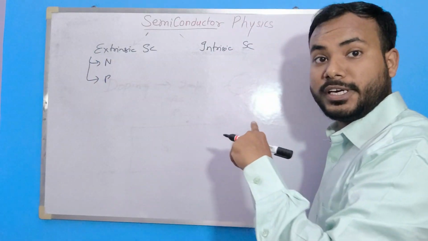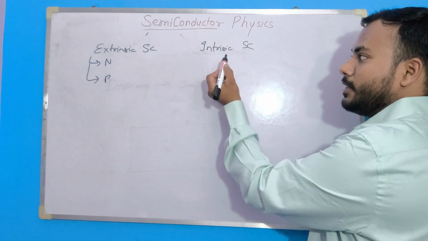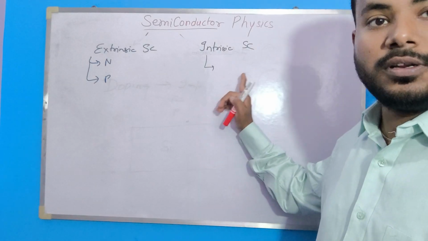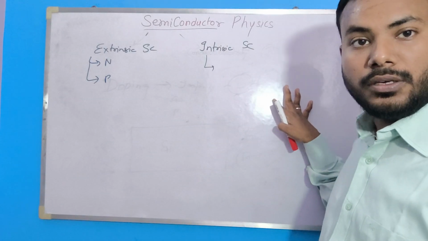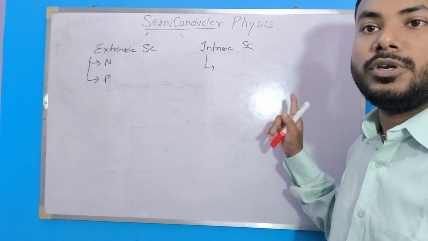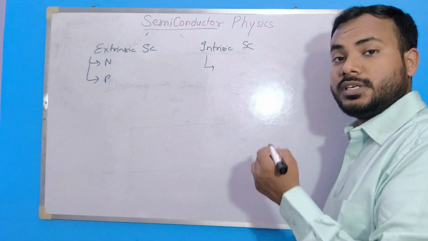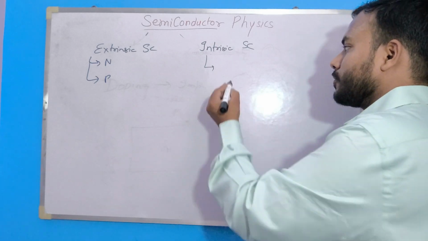I have already explained what is n type and what is p type in the previous videos. And the intrinsic semiconductor is a pure form of semiconductor, as I have shown in the silicon structure, where you can see there is no free electron in the atom that can move.